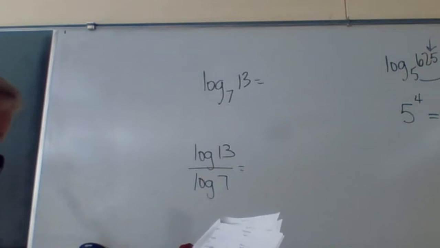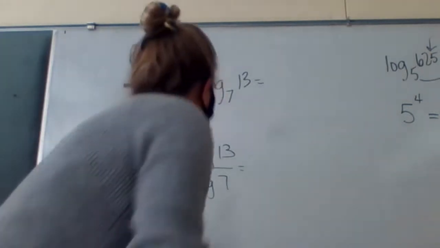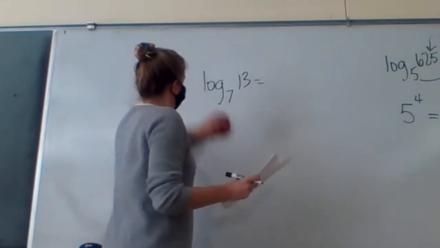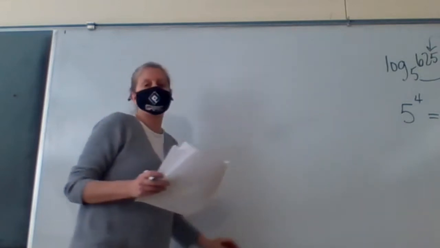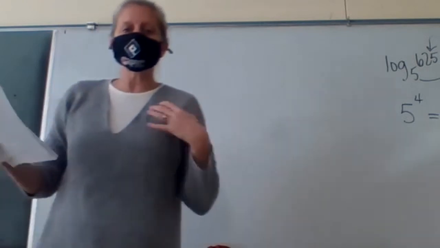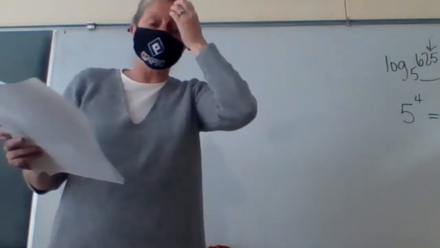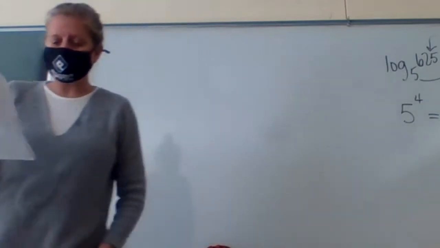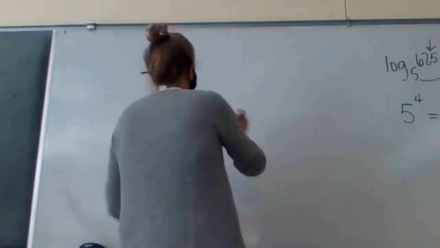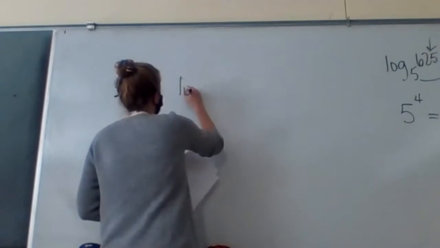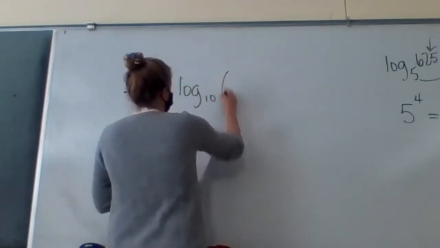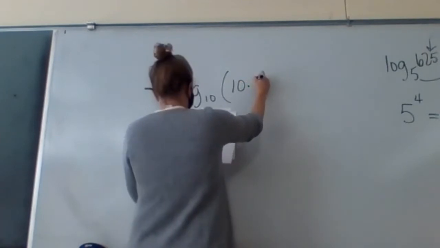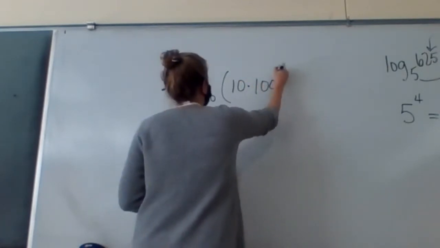All right, number 16 says express as a sum of logarithms. So remember, when we talked about the different log properties that we used once we got into solving logarithmic equations. So let's see, it says log base 10 of 10 times 100.